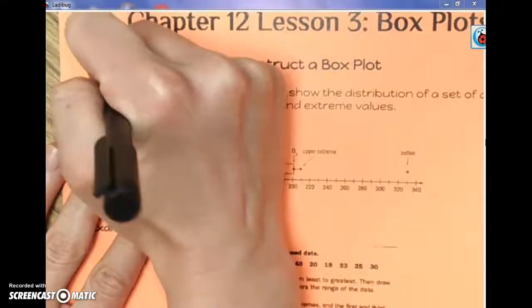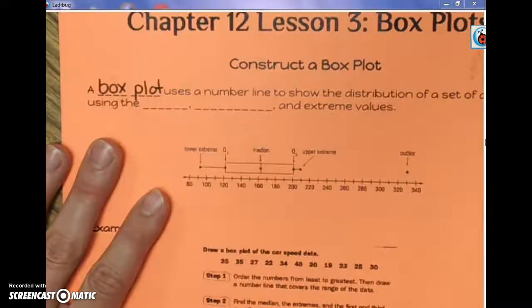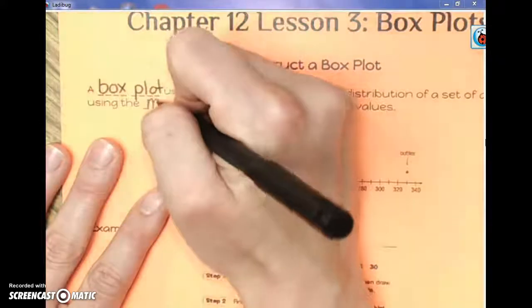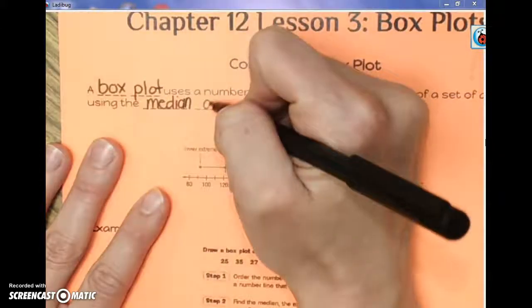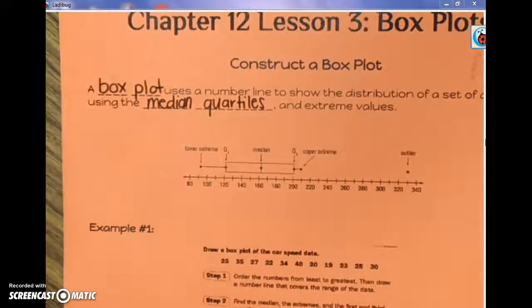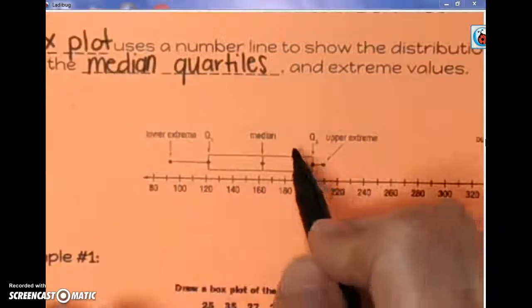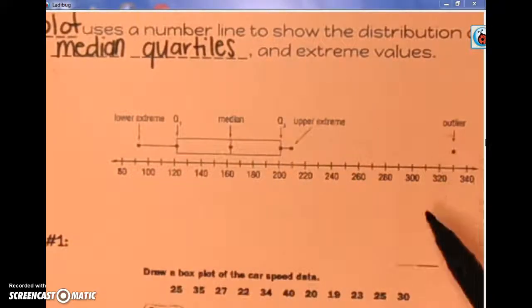A box plot uses a number line to show the distribution of a set of data using the median, quartiles, and extreme values. This is also known as a box and whisker plot because you have a box with whiskers going from the side. And then sometimes you also have outliers, which are all the way over there.